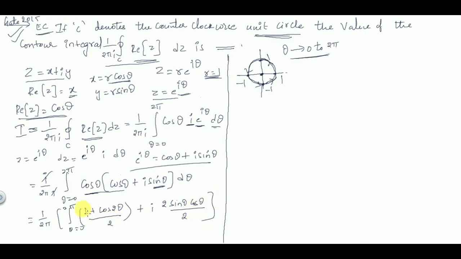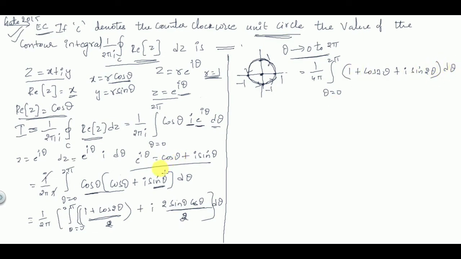So total d theta. Here there is a 2 in the denominator and another 2 in the denominator, so I am taking this total 2 in the denominator outside the integration. So this becomes 1 by 4 pi integral theta is equal to 0 to 2 pi. So what you will have? 1 plus cos 2 theta plus i sin 2 theta d theta.